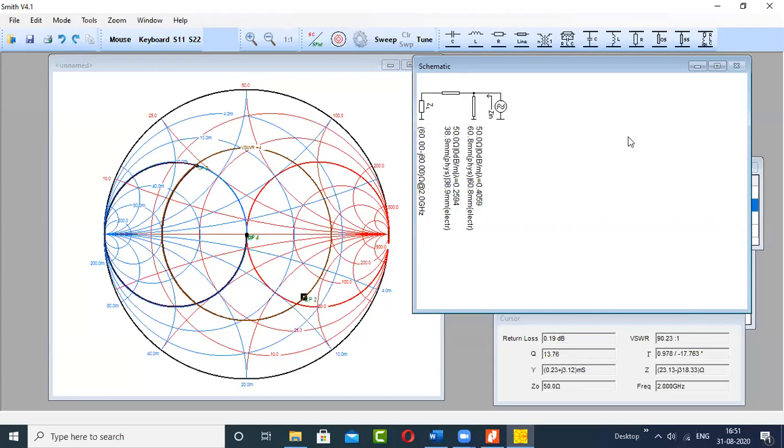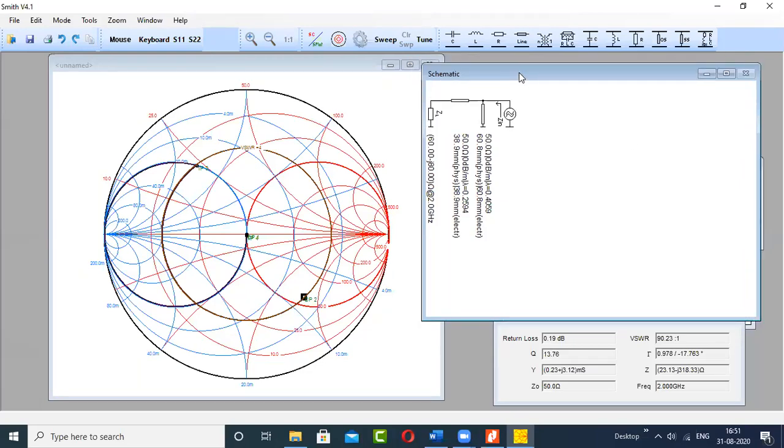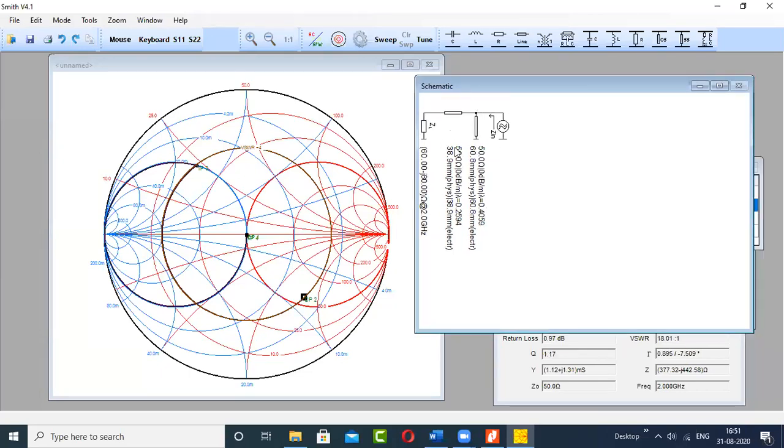Now this tool will be used for conducting the experiment, right? So what you have to do: if the problem is asking for 2 different solutions, on the Smith chart hard copy you will find out 2 solutions, and after that you have to take 2 different screenshots of this vSmith software, one for each solution, and the screenshot of the circuit also, because this will confirm whether you have got the right answer or not.